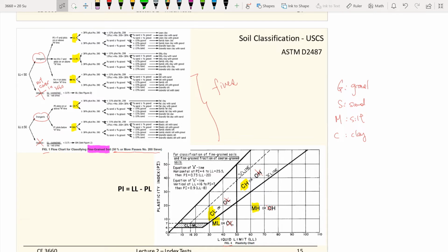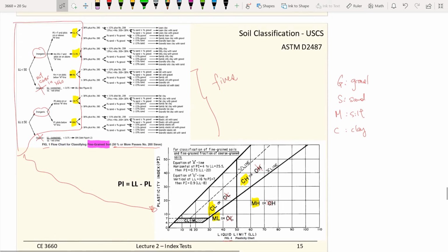Figure 1 and figure 4 complement each other, because figure 4 is a graphic representation of the early part of figure 1.